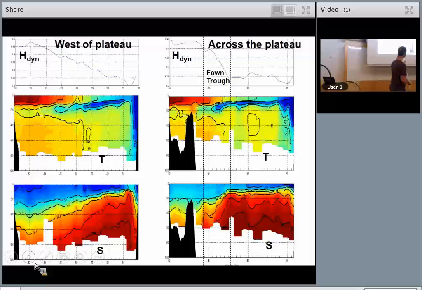But by the time you cross the plateau, the water masses are channeled through the trough. And so now you have variation in the properties that's much more concentrated due to the topography.